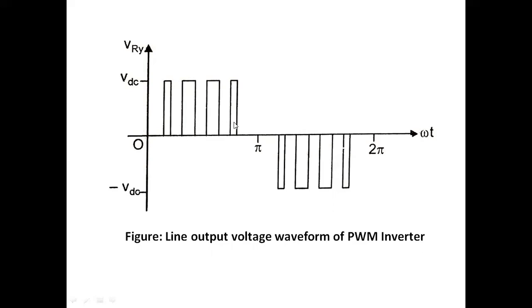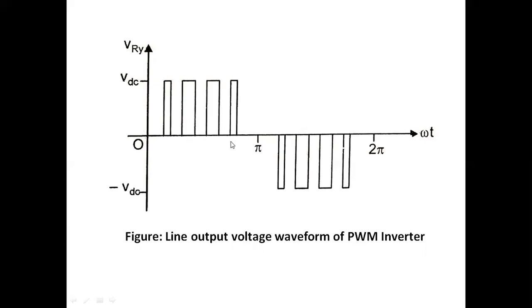It's not a constant width of pulse. So based on the width of the pulse, if you take the average value of this entire half cycle, this is varied. For this current waveform, these two pulses have the same width, and this one has the same width, and it produces some average output voltage.